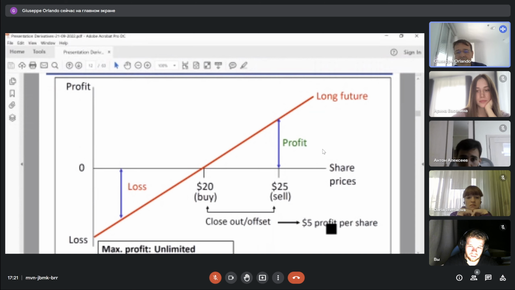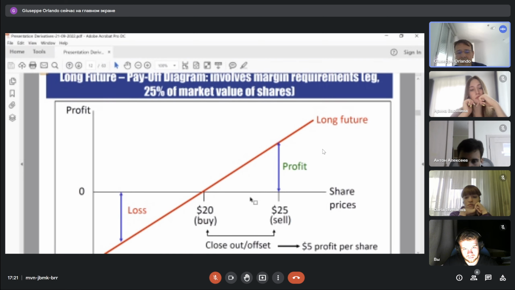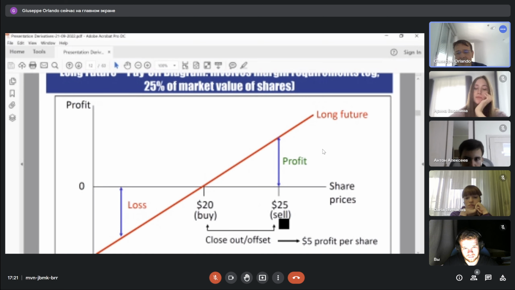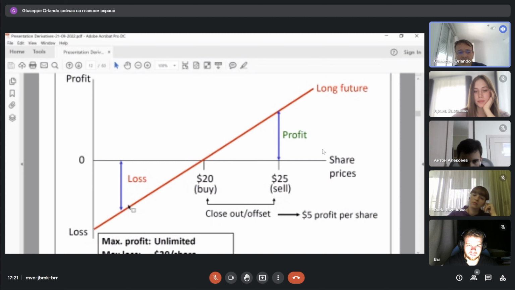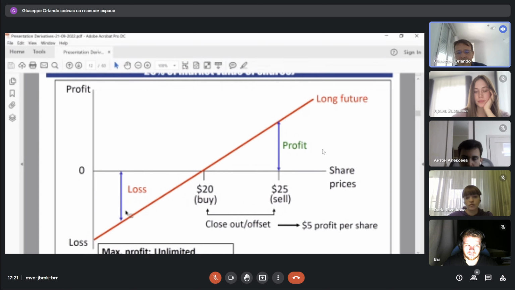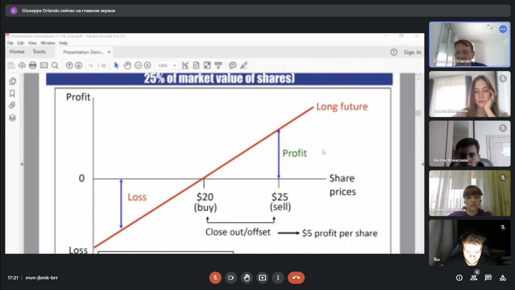So the contract is still existing, it has not expired, but the counterparty has to pay us $5 after an increase in the value of this share. And there, of course, will be the opposite. So in case there is a decrease of 25%, then we have to pay the counterparty the margin. And it's clear what I mean by margin.